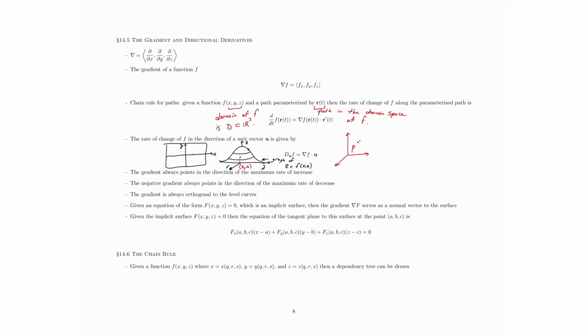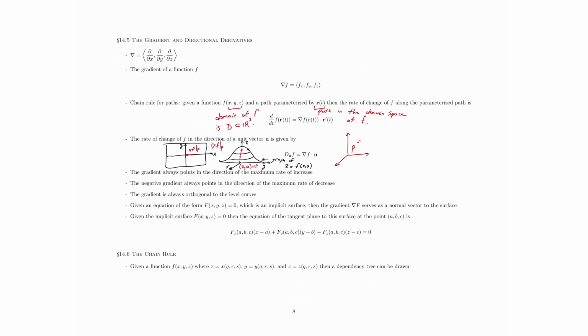Well, where would we want to go to increase our altitude the most rapidly? We'd want to go uphill. We'd want to go towards the z-axis. Well, the z-axis is coming out of the page right here, so this is the point P, and the gradient of f at the point P would be pointing in this direction. It would tell you to go that way.